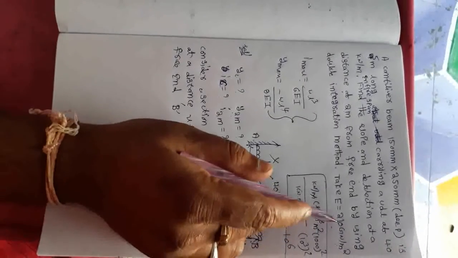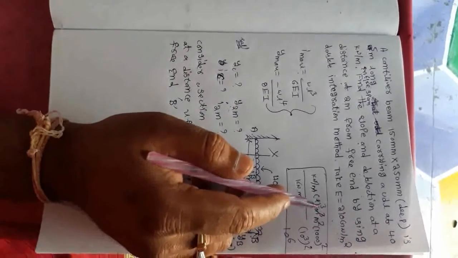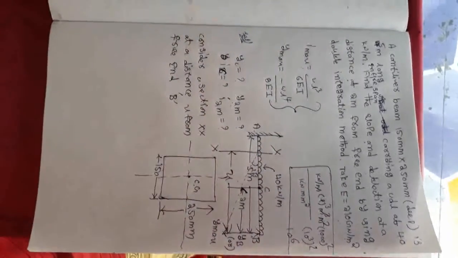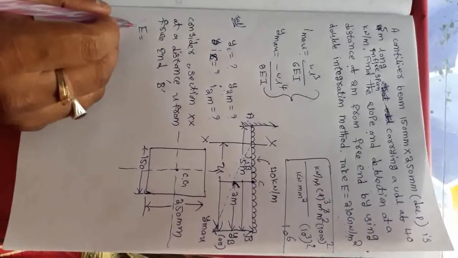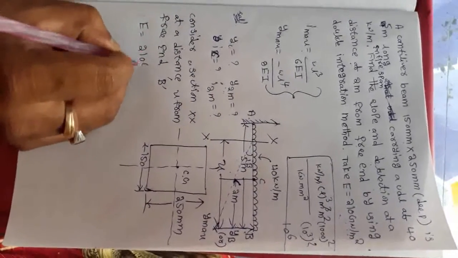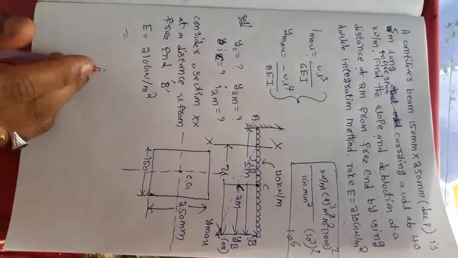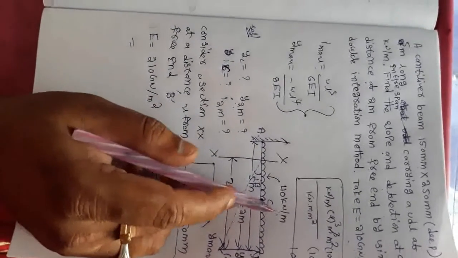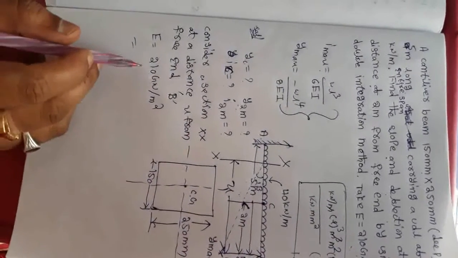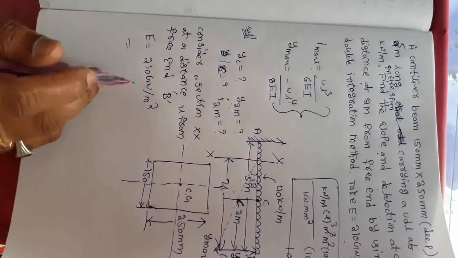So it is required to change these units from giganewton per meter square to kilonewton per mm square.